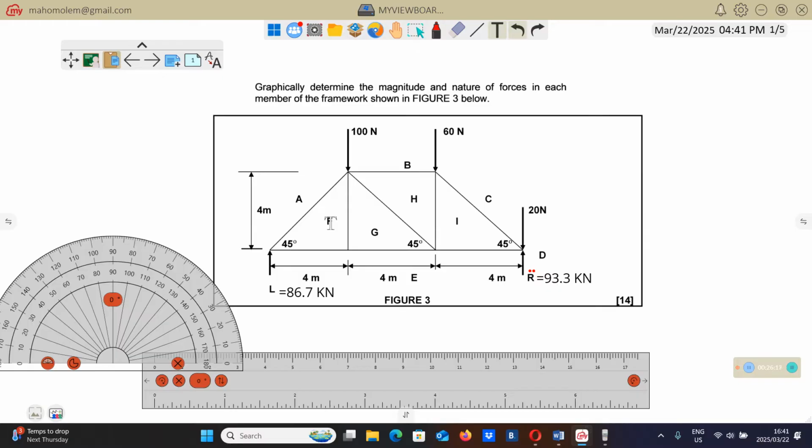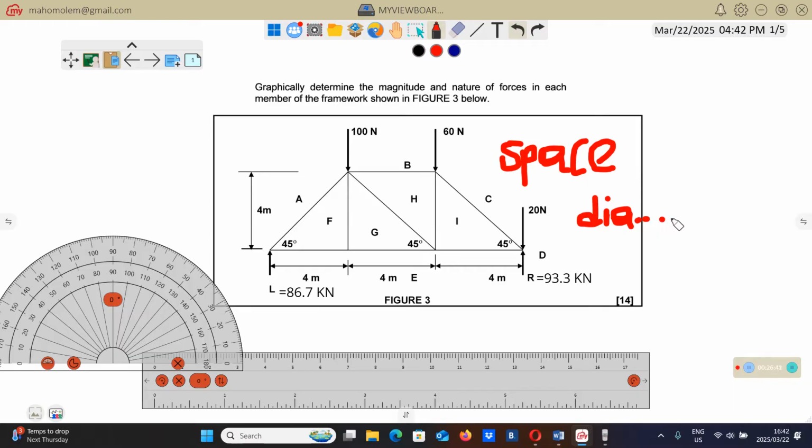Right, this thing we call the space diagram. What you see here is the space diagram. We call it the space diagram because we're going to have spaces here.